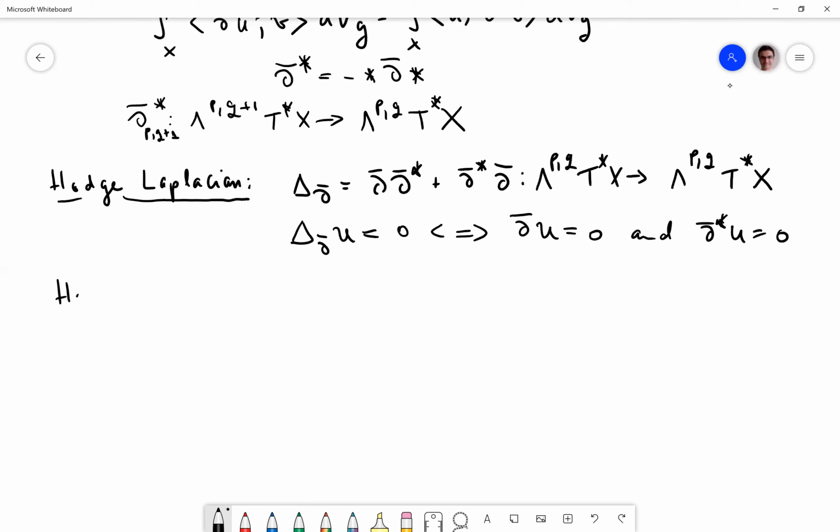So no surprise, there's also a Hodge decomposition here. These are really the first hard theorems, as in the real case.